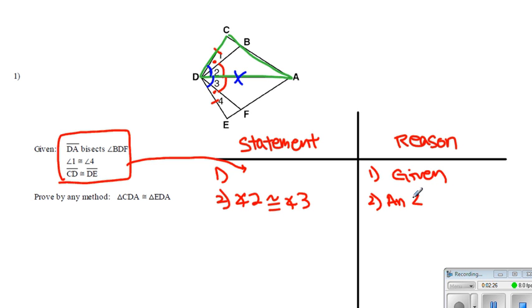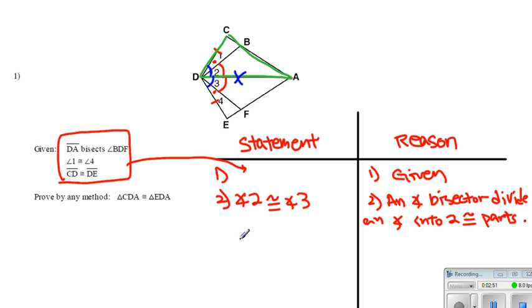An angle bisector divides an angle into two congruent parts. All right, so we got the first condition done.